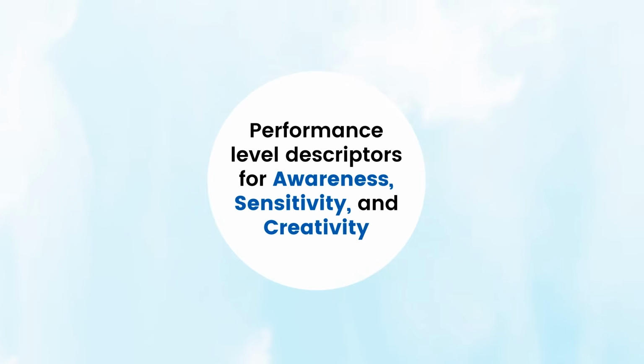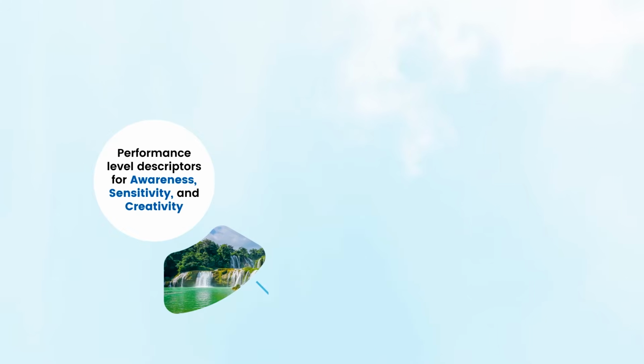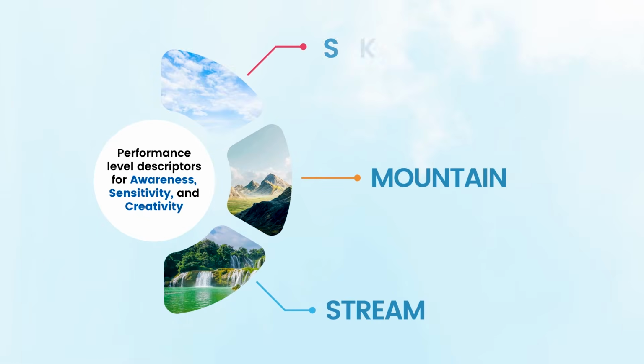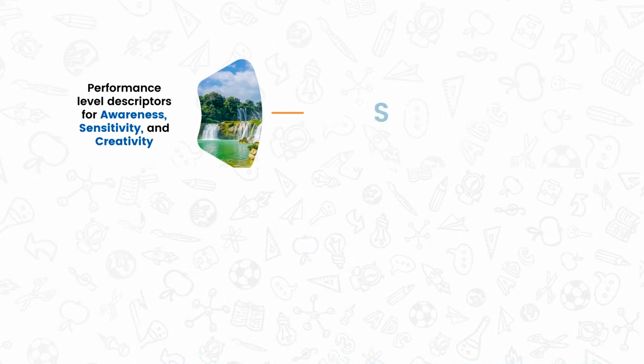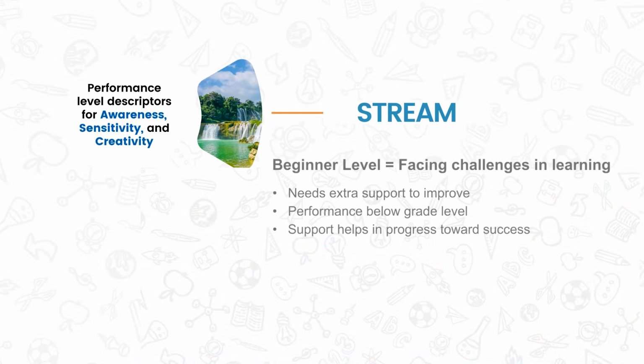In the HPCs, the three abilities are measured at three levels: stream, mountain, and sky. Stream is indicative of the challenges faced by the learner that prevented age and grade-appropriate performance during the activity and suggests the requirement for additional support.